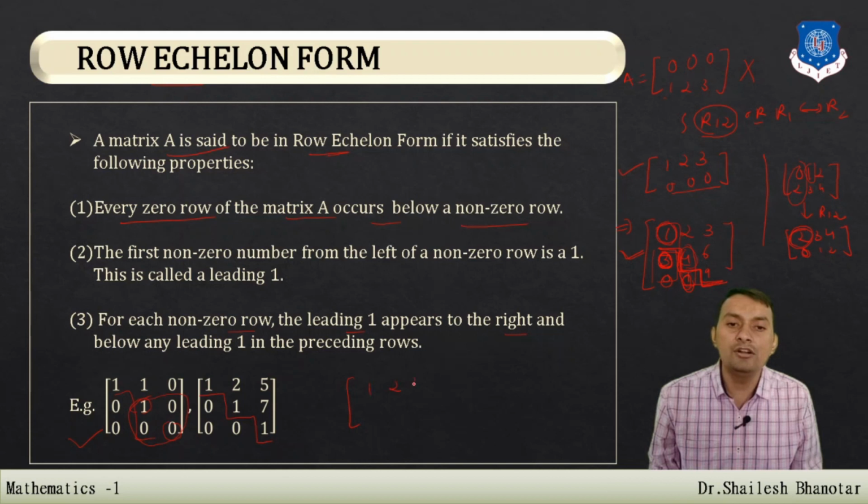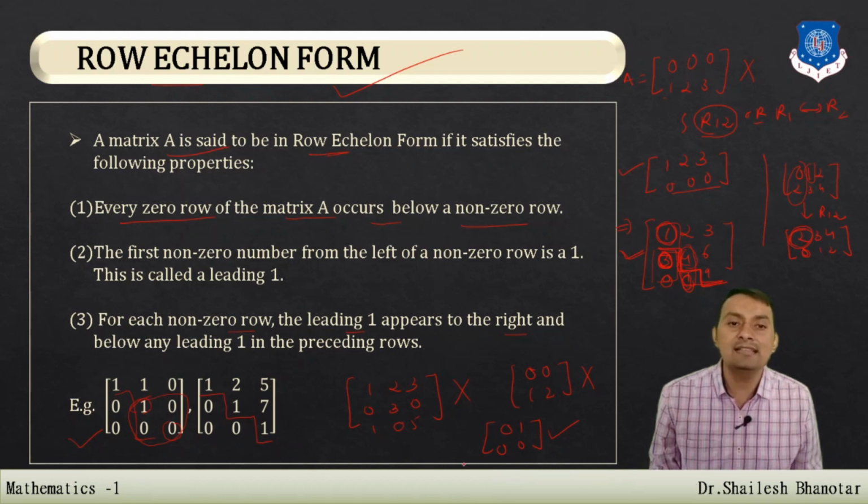If I say 1 2 3, 0 3 0, 1 0 5, this is not a row equivalent form. If I say 0 0 1 2, again this is not a row equivalent form. But if I say 0 1 0 0, that is a row equivalent form, because all the conditions are satisfied. The first condition says the zero rows must be at the bottom, that we have.